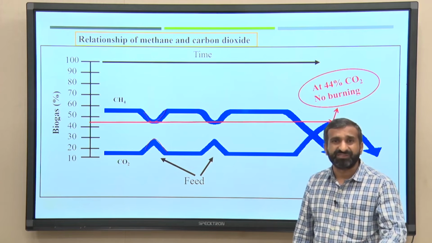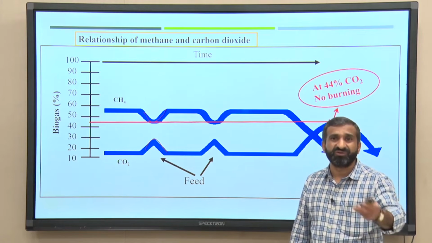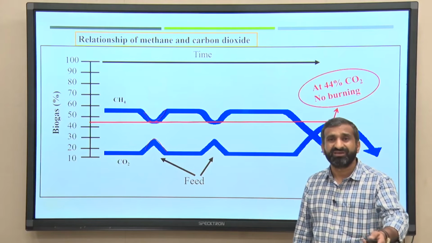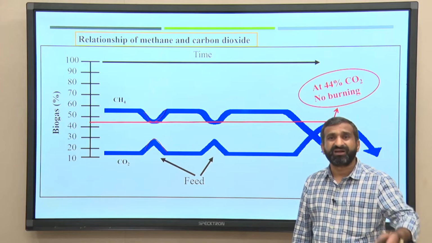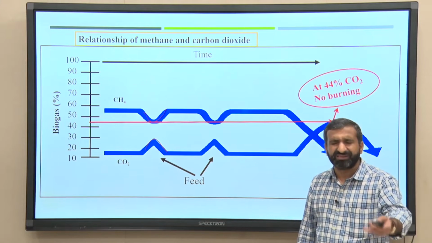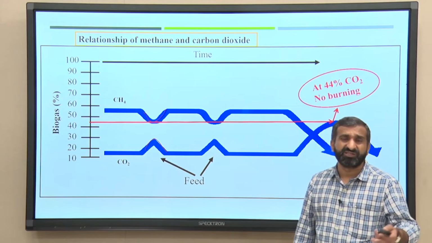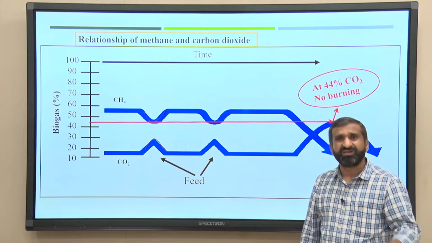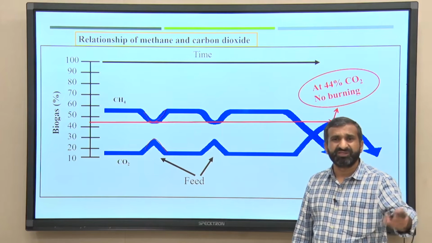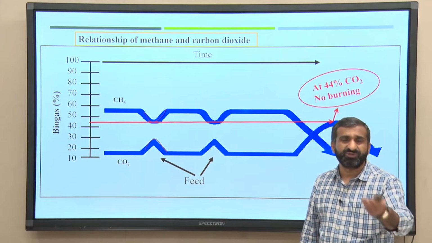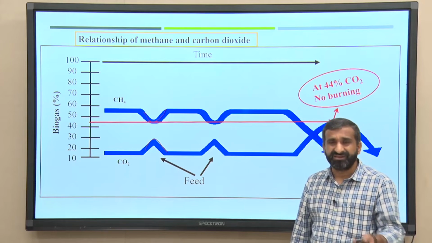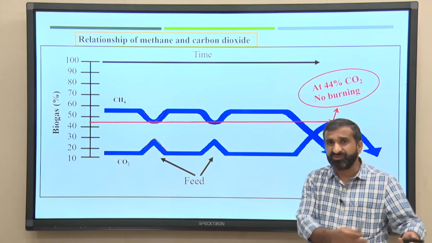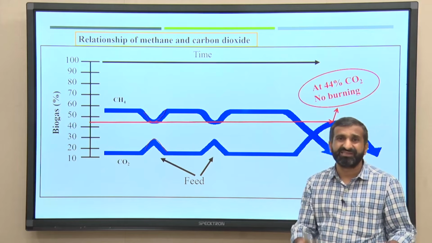I think the feed has changed, because they were working on cow dung, or mostly cow dung, but later on other kinds of feed were also utilized in the biogas plants, like kitchen waste and waste during festivals. A large amount of organic waste gets generated and was also disposed into this reactor, and the entire reactor became acidified, because you know that kitchen waste is highly acidic in nature.